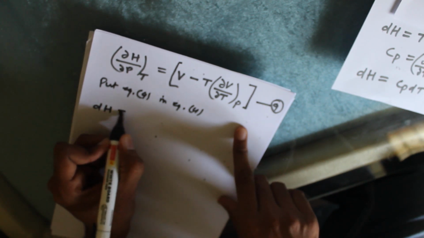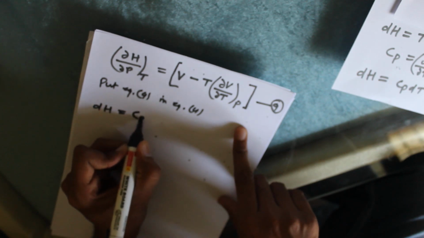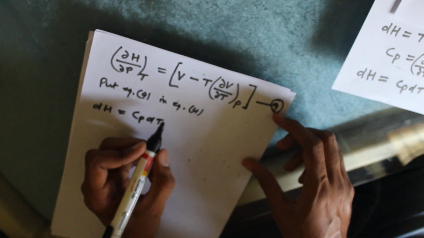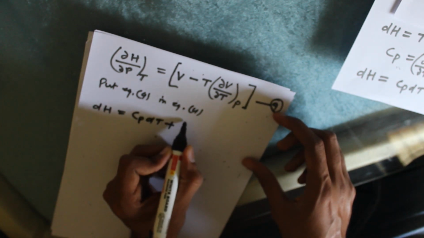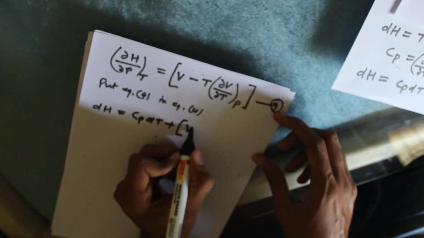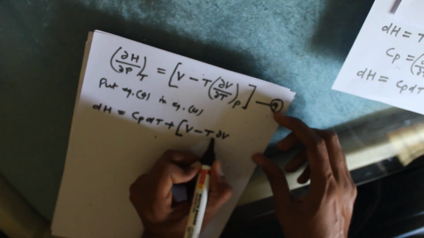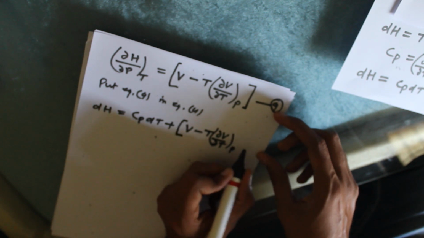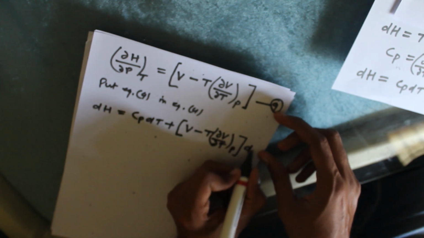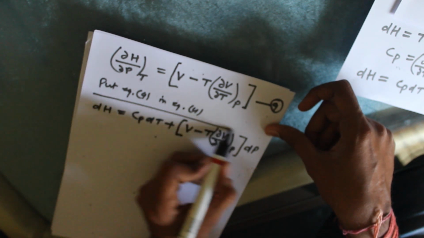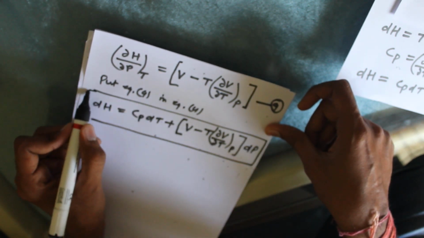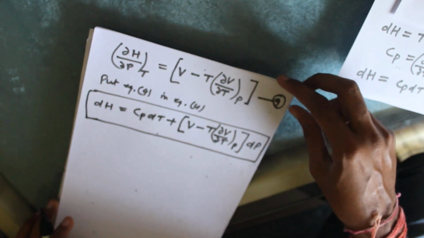So dH will be equal to Cp dT plus, replace this term, V minus T del V by del T at constant pressure dP. So this is final expression to calculate the change in enthalpy of a system.